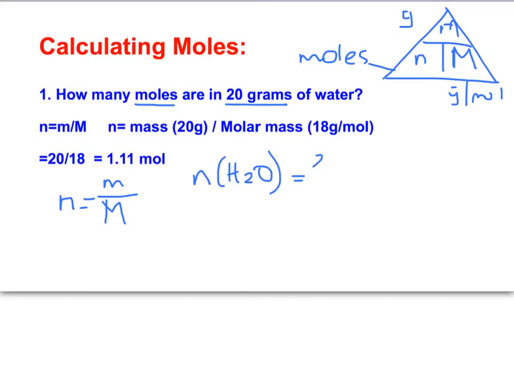It's that 20 grams from the question. And the molar mass of water we worked out before was 18. So 20 over 18 grams per mole equals 1.11 moles. So if you look at the units here, because we've got grams on the top and grams at the bottom, they cancel each other out and we end up with the units moles.